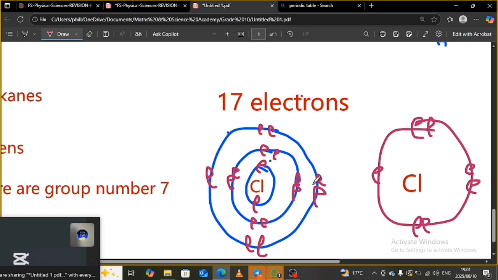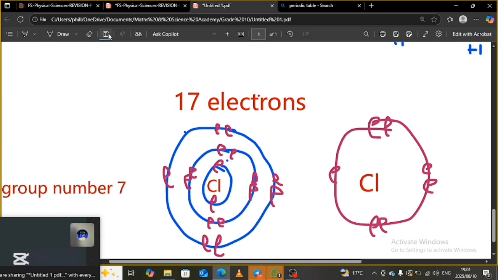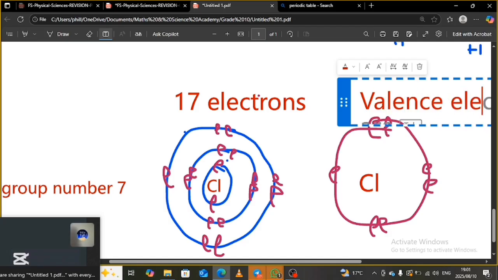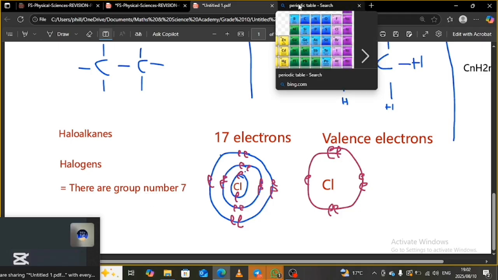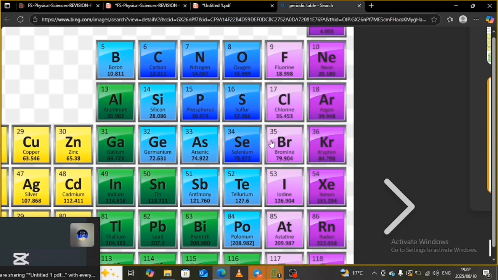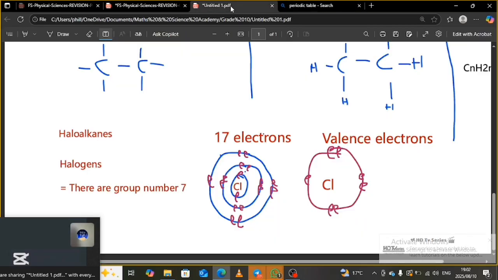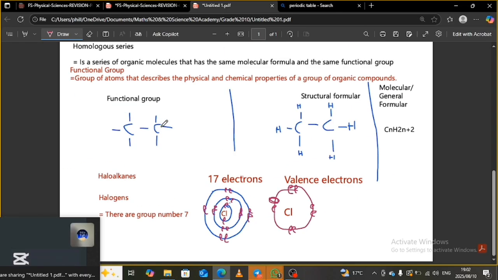As we can see, chlorine has only 1 missing electron in the valence shell. So the number of valence electrons of halogens is 7, so that's why they are all grouped in group number 7, as we can see from the periodic table, and there's only 1 missing electron.